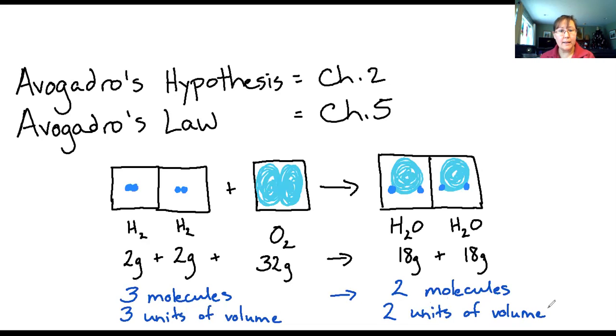And so what that means is that Avogadro's law or Avogadro's hypothesis is saying that the volume of a gas is proportional to the number of molecules or the number of particles that you have. So if you had something like neon or argon that's not diatomic, then you'd be looking at single gas particles. So the number of particles is linked to the volume. And that's what Avogadro's law is saying.